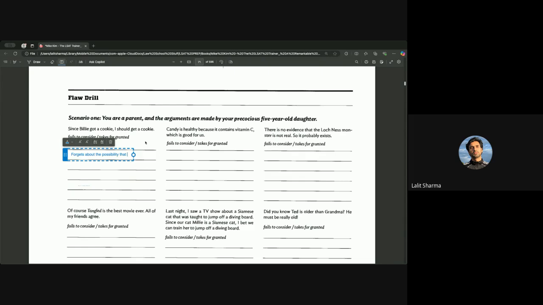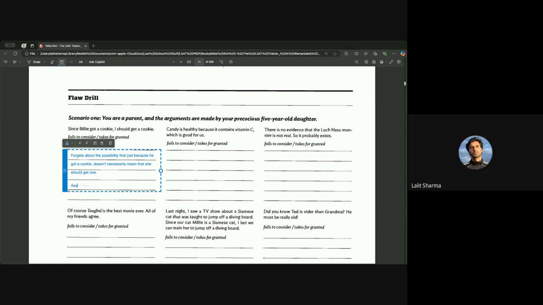Forgets about the possibility that just because he got a cookie doesn't necessarily mean that she should get one. You could even make this a fact, but possibility is better because it's better to not be super strong on those.